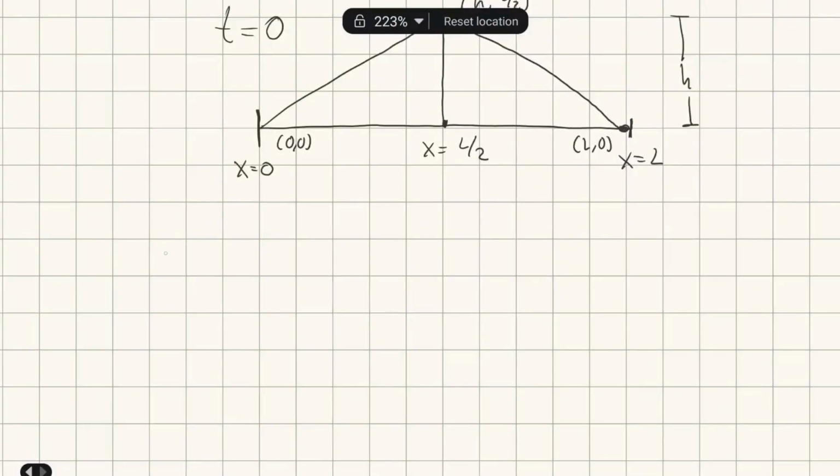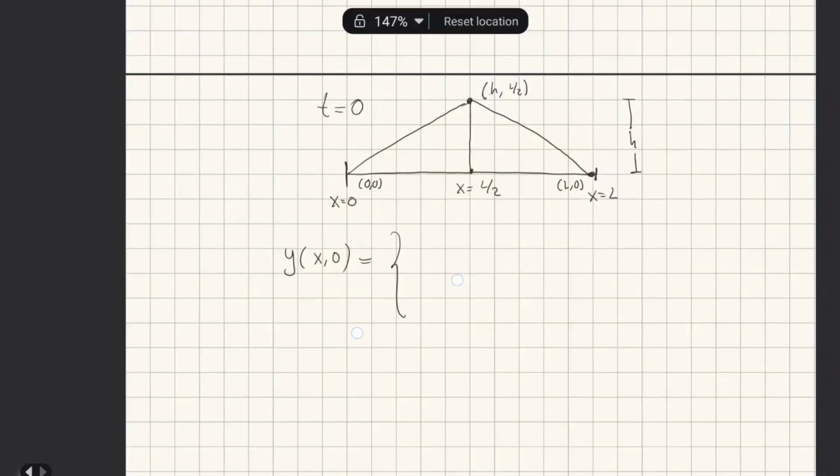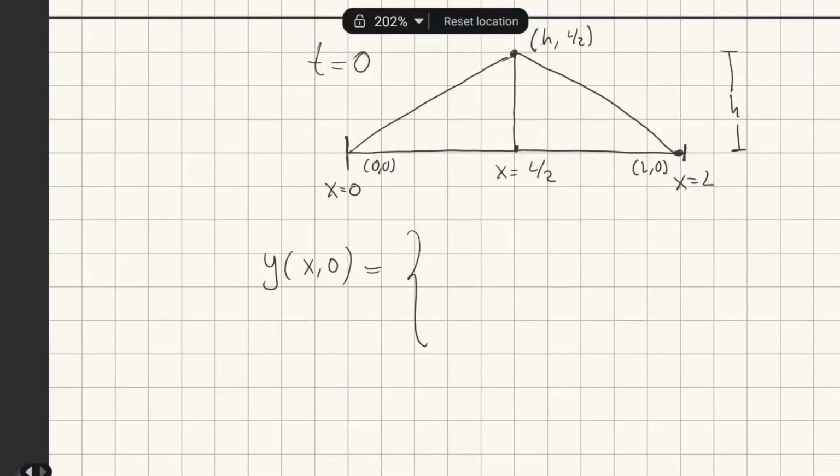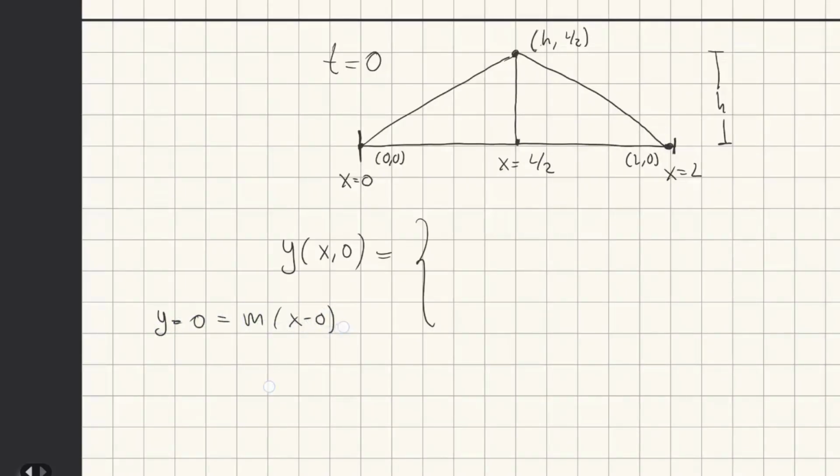So we will have that y of x evaluated at t equals 0 is equal to, and we will have two pieces of information, right? To find the first equation, we consider this point, and we have that y minus 0 is equal to the slope m times x minus 0.